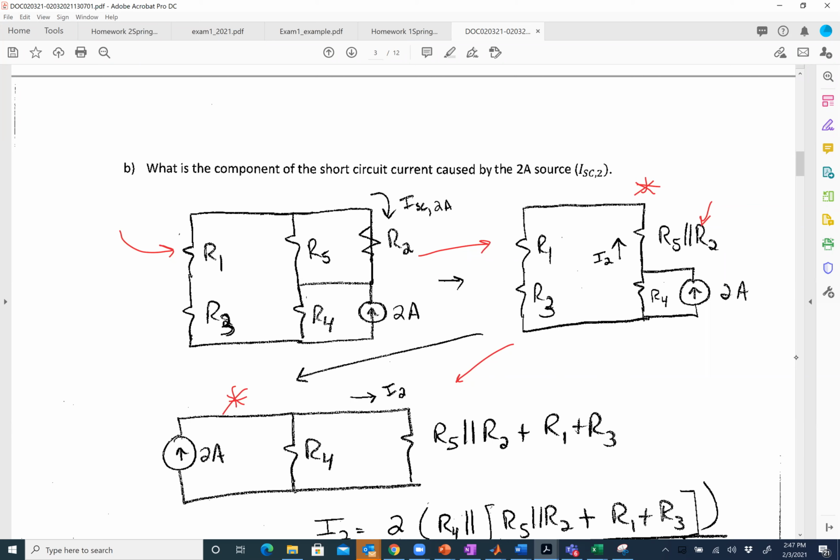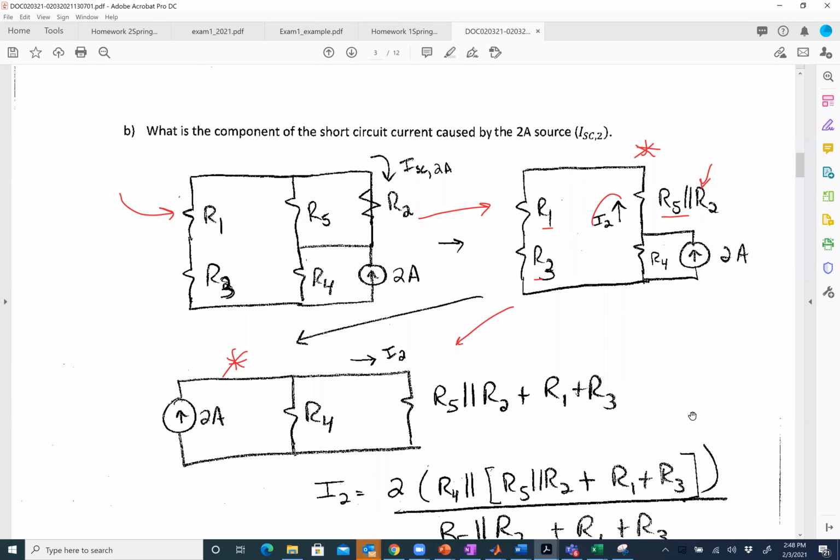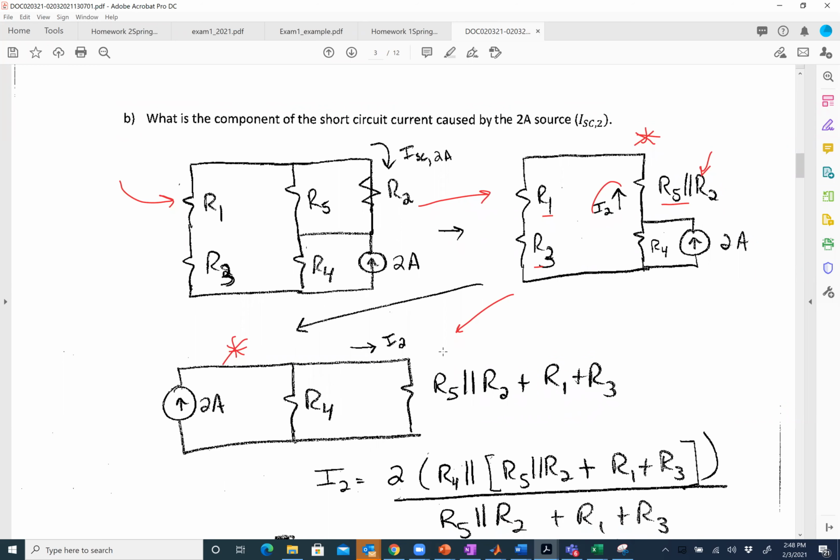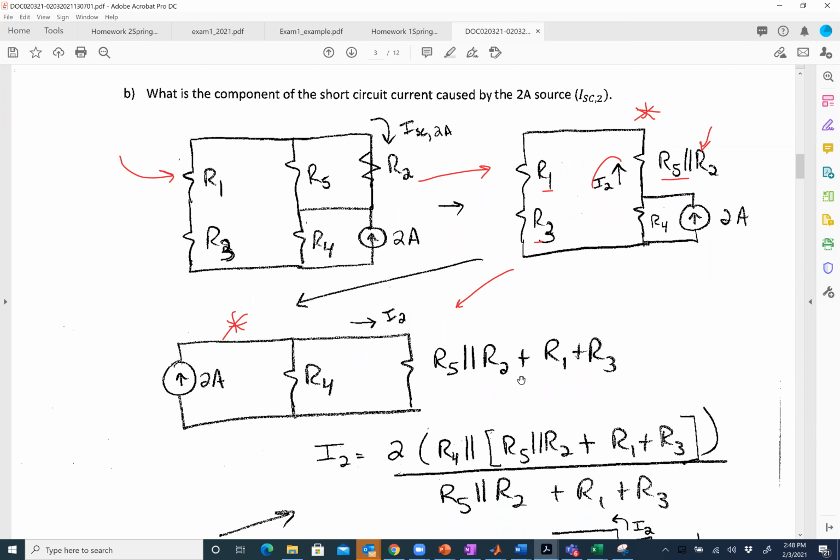At that point, basically what I say is, well, I've got a current divider to solve for this I2. And that I2 is basically the current that's going through this series combination of things here, right? So I did the current divider the way that I like to do it, which is I ask, what's the voltage across this?